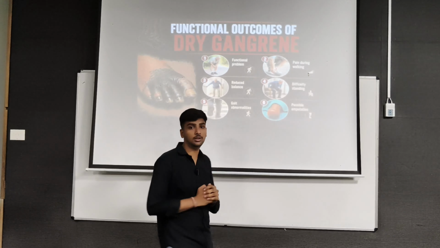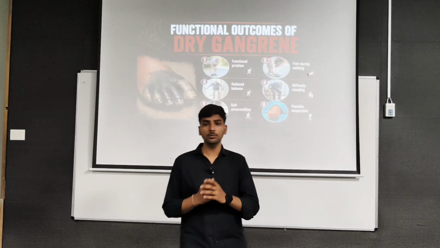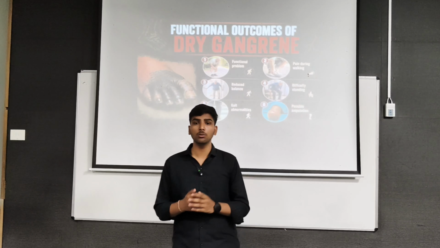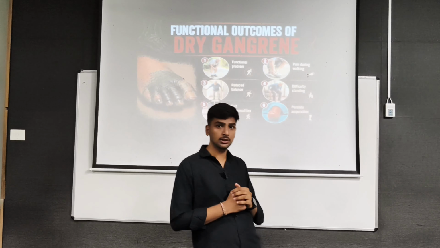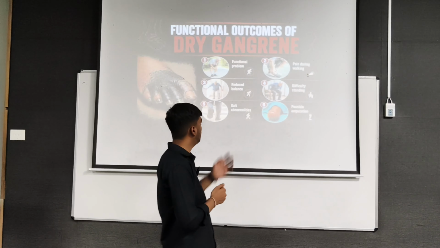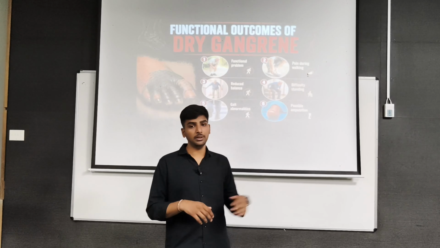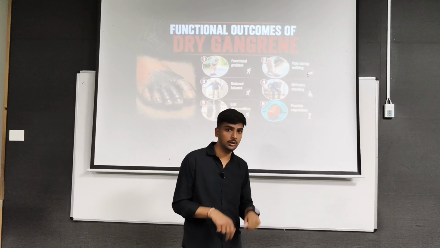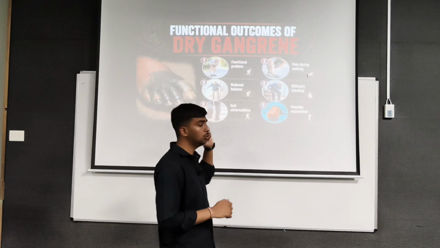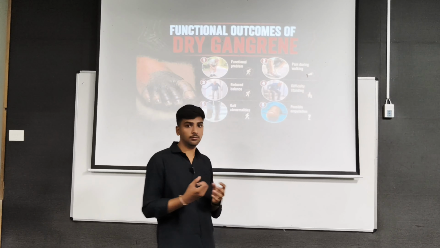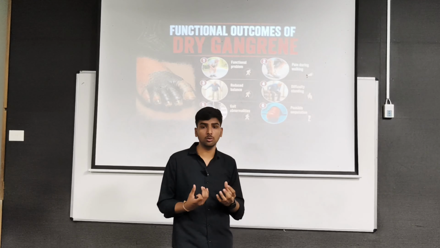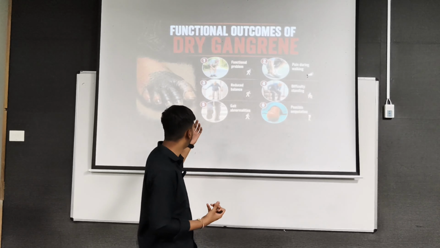So first one is functional problem. Functional problem means the patient will have problems in daily living activities like walking. Then pain during walking, meaning whenever the patient is walking, the patient would have pain in the limb. Then reduced balance, meaning the patient cannot hold the whole weight of the body.